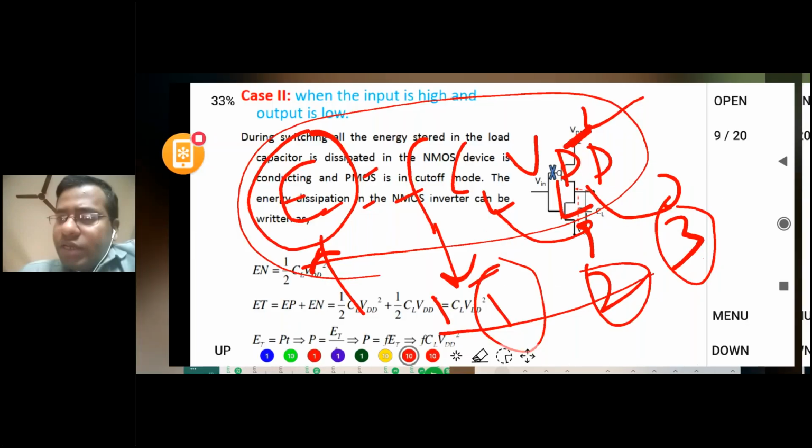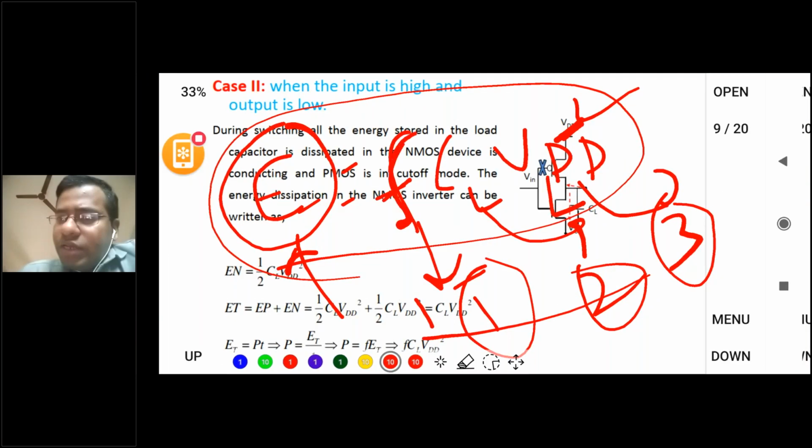So if you talk about low power circuits, if you have a better value of clock frequency, a better value of load capacitor, a better value of VDD, then your E value is less, and energy dissipation is less in the circuit. Okay, but the CMOS circuit has low power dissipation.